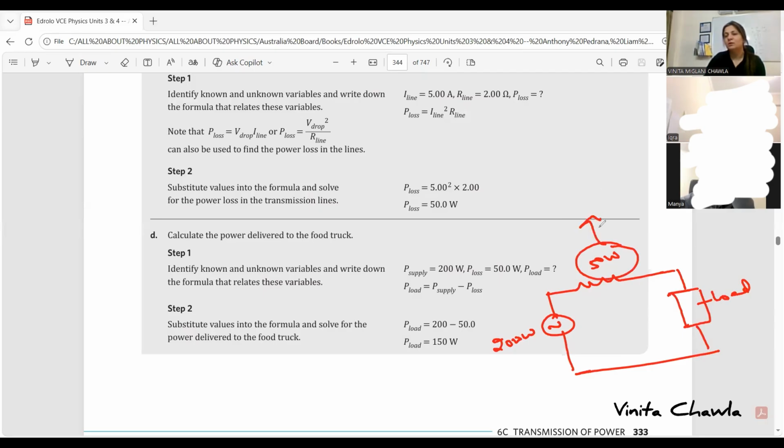It has gone, vanished. Now the remaining power is 150 watt. Yes, we can simply subtract power loss from power supply to get power load. So subtract these two and you'll get power load as 150 watt.